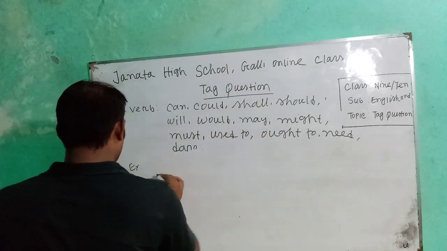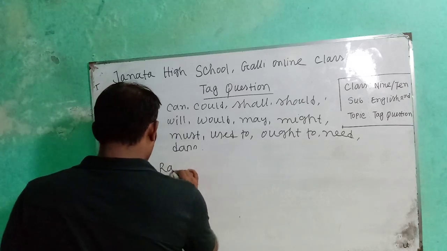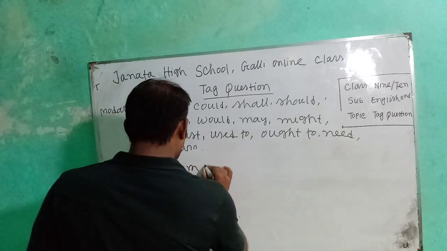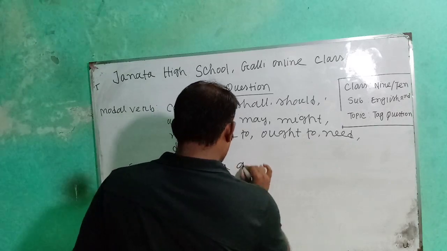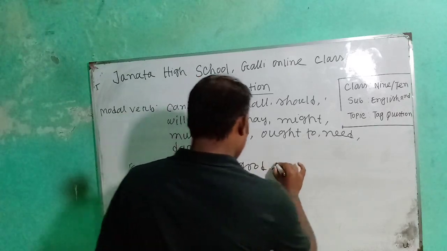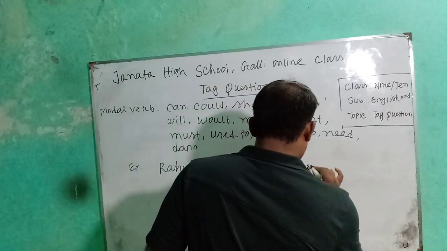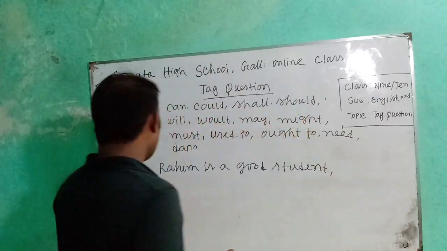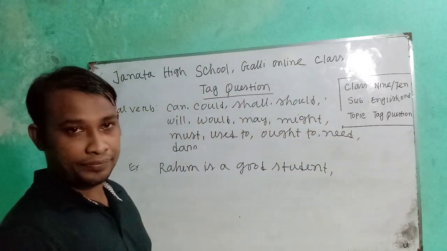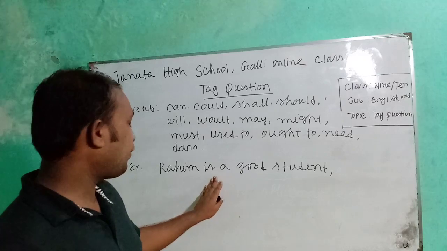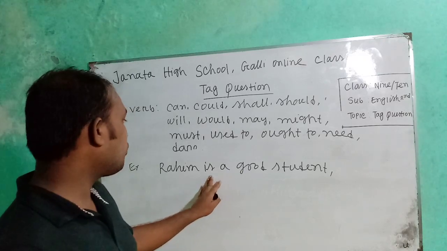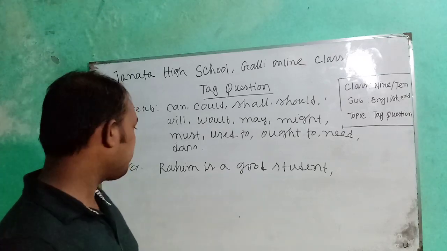Example: Rohim is a good student. The sentence is affirmative as there is no negative word in this sentence.